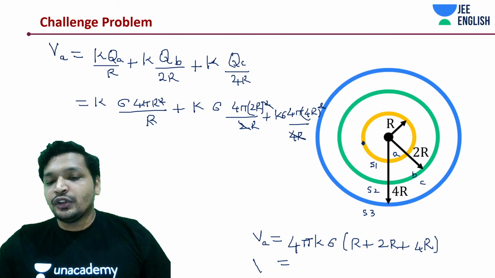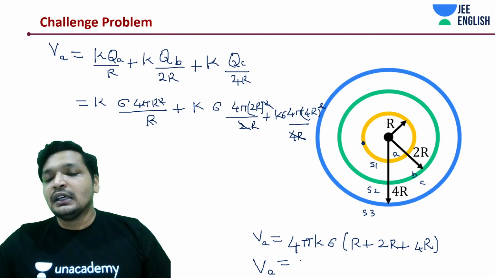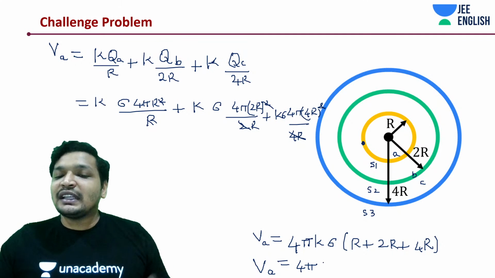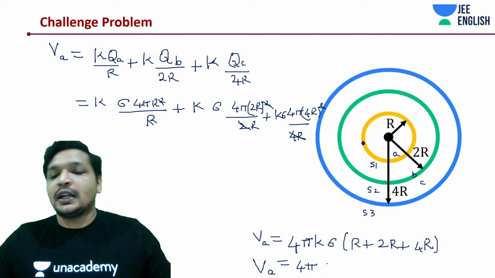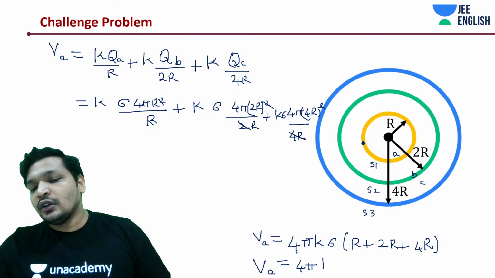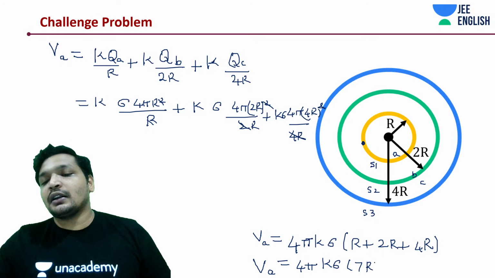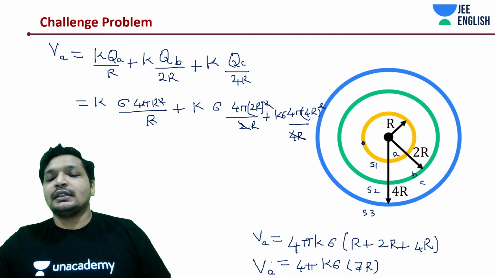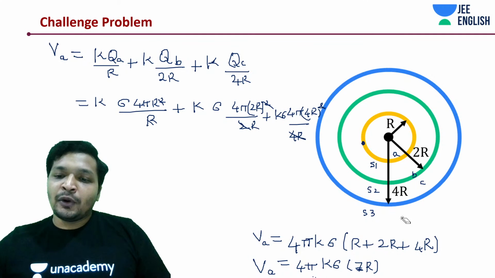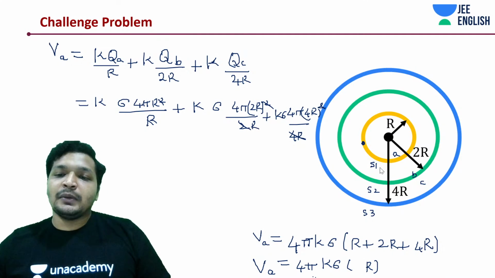You don't have to do the entire math like calculating it as 28 pi k sigma R. No, don't do that. That's going to become lengthier. So what you want to do is just add up, keep it as 7R. That's it. Okay, it's a simple problem, guys. It's a very simple problem, right?